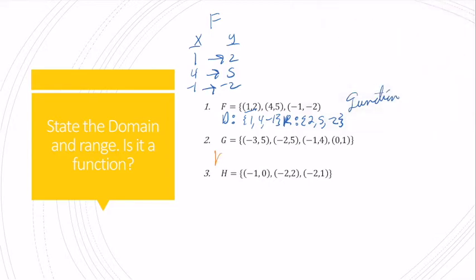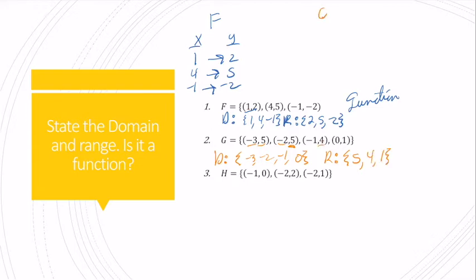Now let's take a look at G. My domain is -3, -2, -1, 0. My range is 5. Well, 5 appears again, and that's okay. Remember, we don't write it twice in a set. 4 and 1.